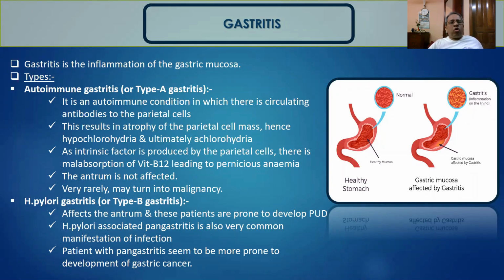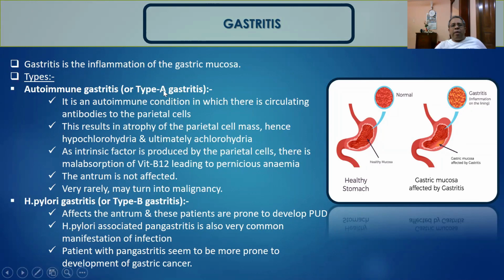So the types are autoimmune gastritis and H. pylori gastritis. Autoimmune gastritis, nowadays called type A gastritis, is an autoimmune condition in which there are circulating antibodies to the parietal cells. This results in atrophy of the parietal cell mass, hence hypochlorhydria and ultimately achlorhydria.